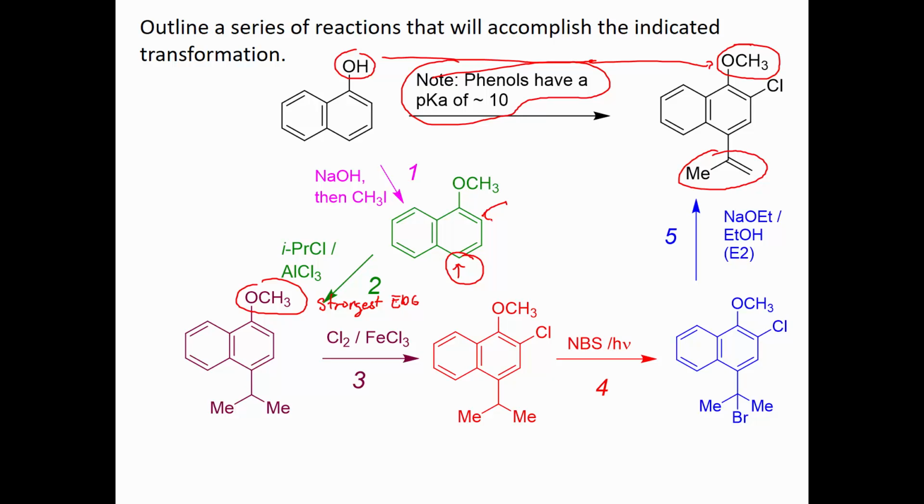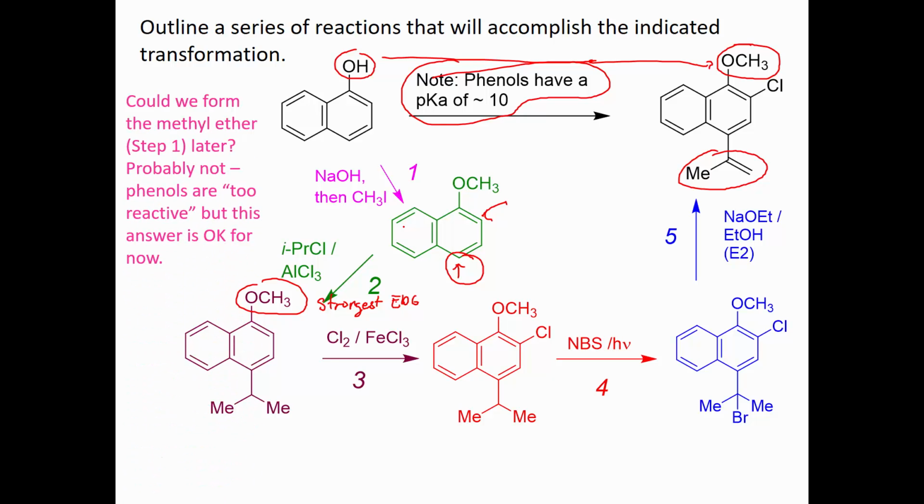And finally, we'll convert the phenol to the ether in the very first step. Just look at a couple of hypothetical reorderings here. Could we form the methyl ether, which we're doing in step 1? Could we do that later? Hypothetically, yes, but probably you wouldn't want to do that.